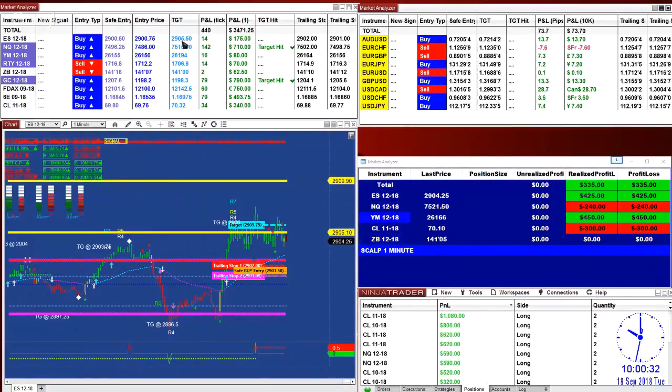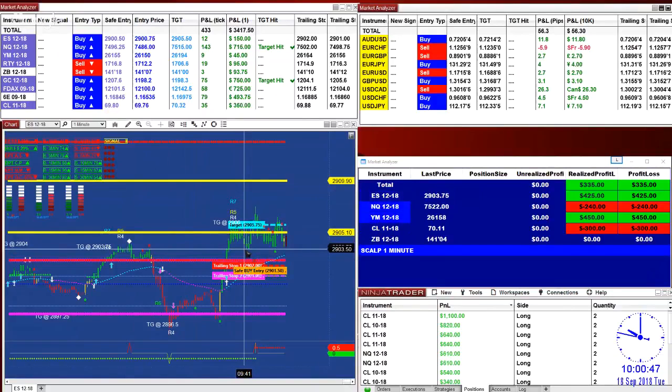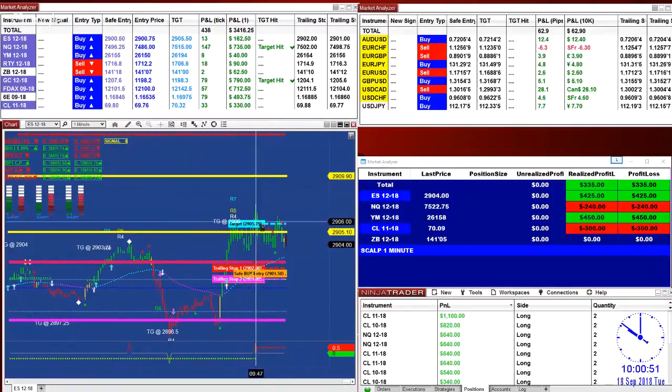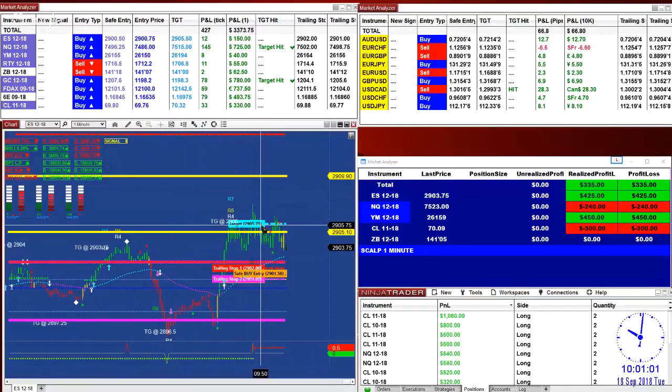As an example, right now, based on one contract, we have 431 ticks, total of $3,361. On the chart, sometimes you get updates on the targets and a re-entry tick by tick. If you are using the full automated, then it does it on the bar close. So it's a little bit more updated, depending on the market movement.